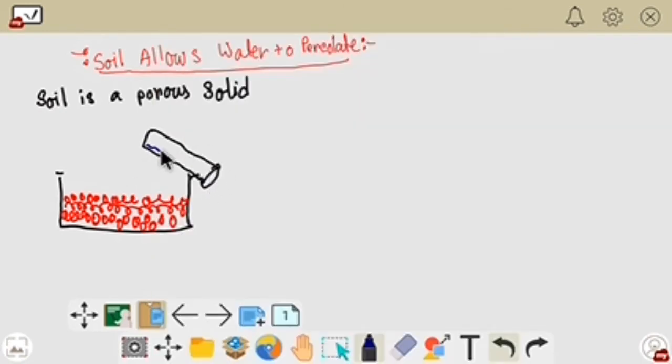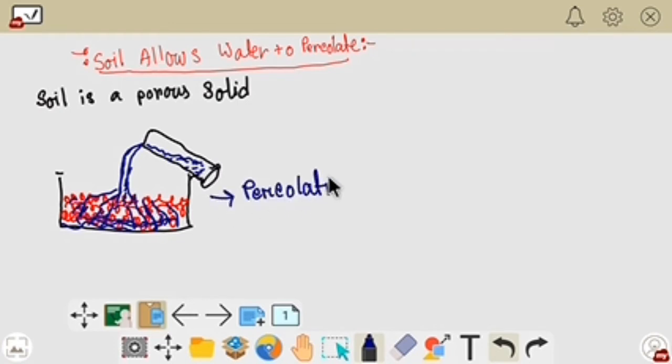If you put the water in the soil, what will happen? The water will pass through the tiny holes to the bottom part and be stored there. This process is called percolation of water.